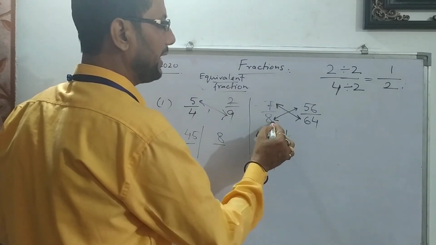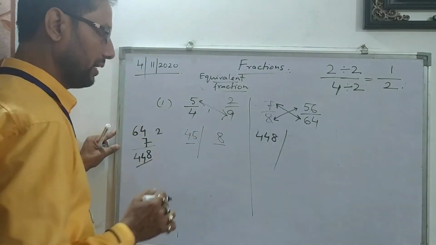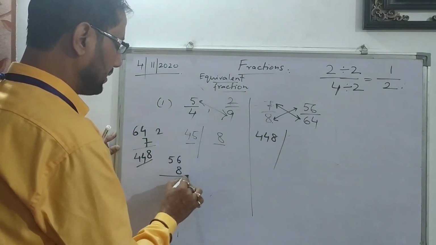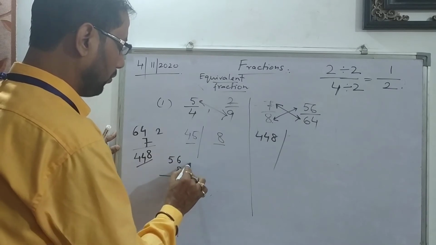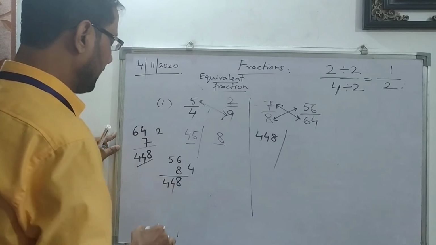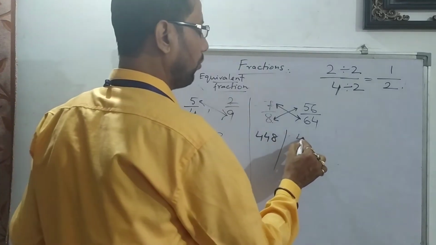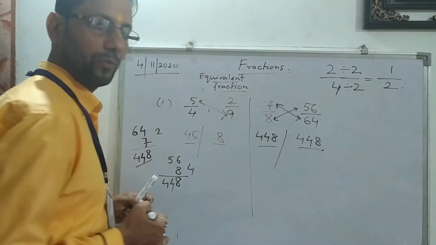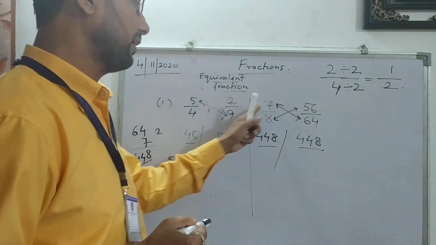Now let me multiply 8 and 56. So 56 multiplied by 8, 8 6s are 48, 8 carry 4, 8 5s are 40 plus 4, 44. That means here also I am getting 448. So both are equal when I do the cross multiplication.